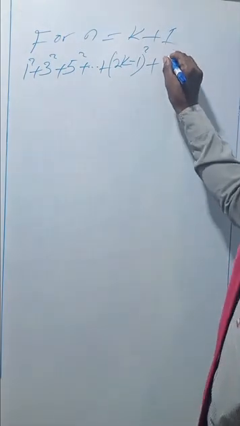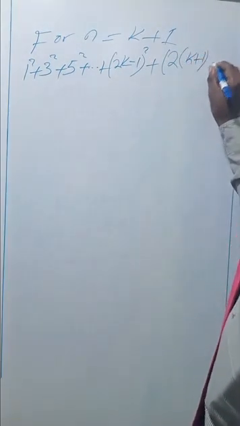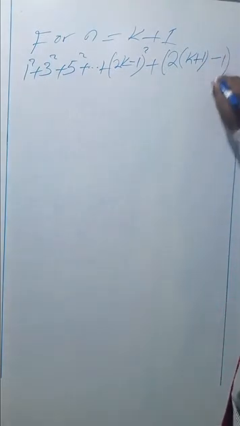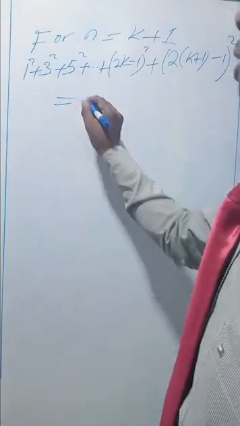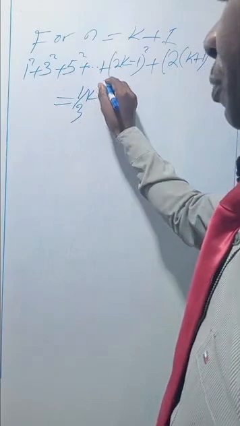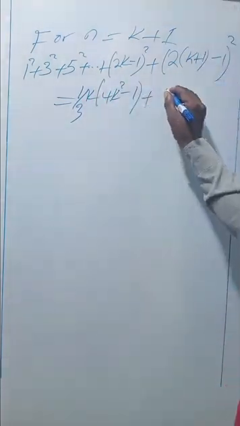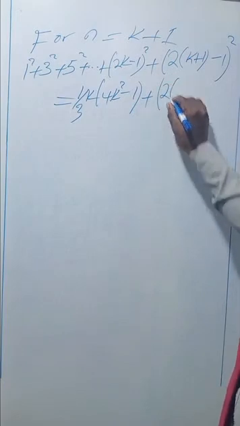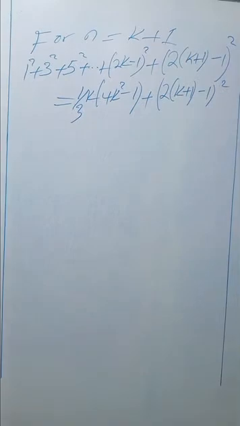Then we are going to add another term which is (2 times (k plus 1) minus 1) squared, this time around our k is k plus 1, equals the right hand side. Our right hand side now will become 1 over 3 k, into (4k squared minus 1). Then we add a similar term, which is (2 times (k plus 1) minus 1) squared. This is what we have.